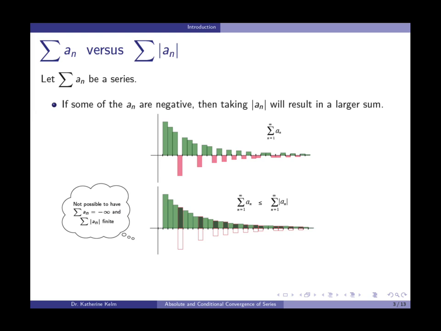Now, I am glossing over one point, which is that it's not possible to have a series that diverges to negative infinity while having the series of absolute values be finite. That doesn't happen, because if the series diverges to negative infinity, then the series of absolute values will diverge to infinity. But given this assumption, we can see that if the series of absolute values converges, then the original series converges as well. And this will be very useful.